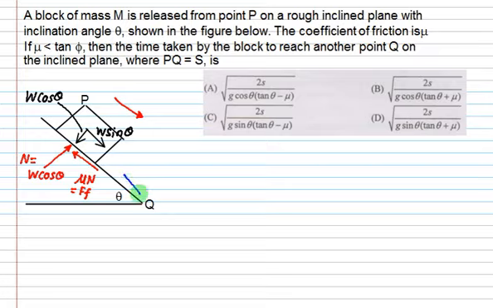Sigma Fy we have already balanced, and we have shown the friction force. This direction is X and this direction is Y. Now we need to balance sigma Fx equal to 0. So W sin theta is a minus value as per this arrow.